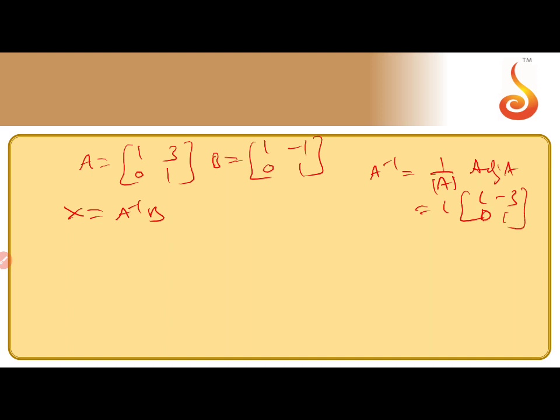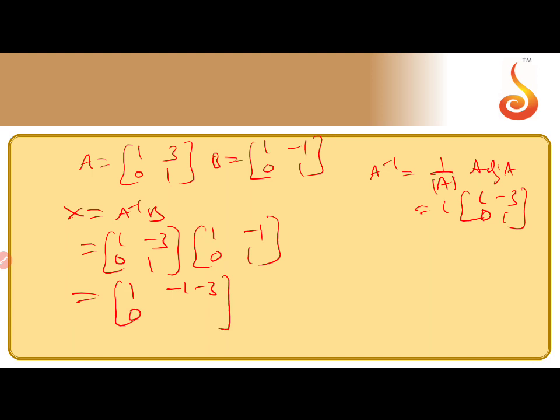This is A inverse. So that is 1 minus 3, 0, 1 into 1 minus 1, 0, 1. You multiply normally. So 1 here, minus 1 minus 3, 0, 0 comes here, minus 1, 1. That means the answer will be 1 minus 4, 0, 1.